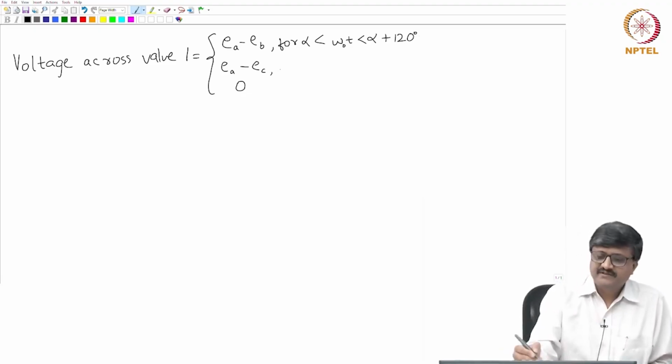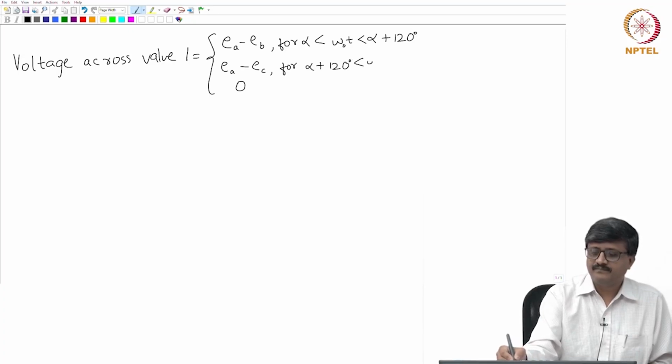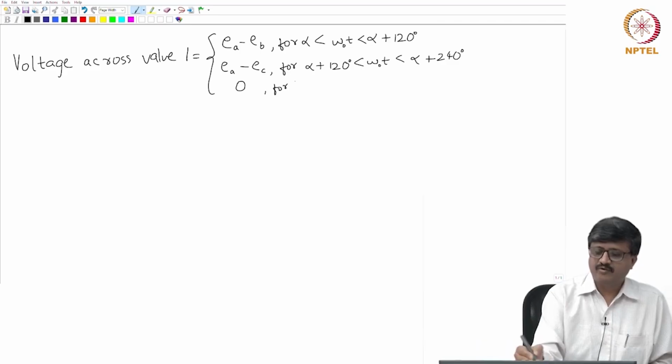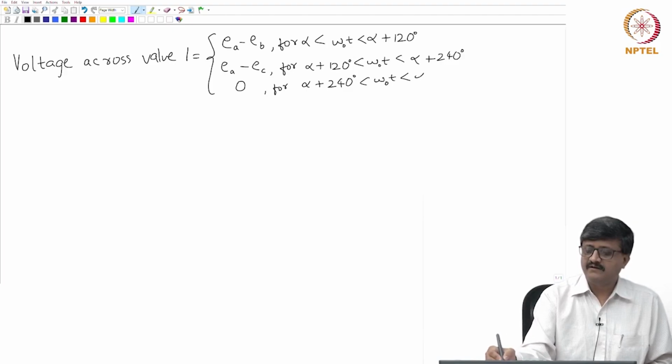Then it is equal to EA minus EC for omega OT greater than alpha plus 120 and less than alpha plus 240 degrees, and it is 0 for omega OT greater than alpha plus 240 degrees and less than alpha plus 360 degrees.